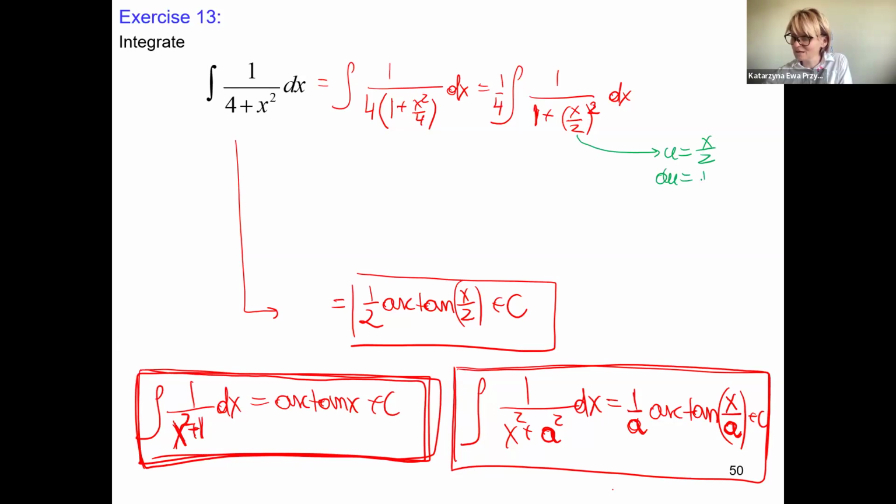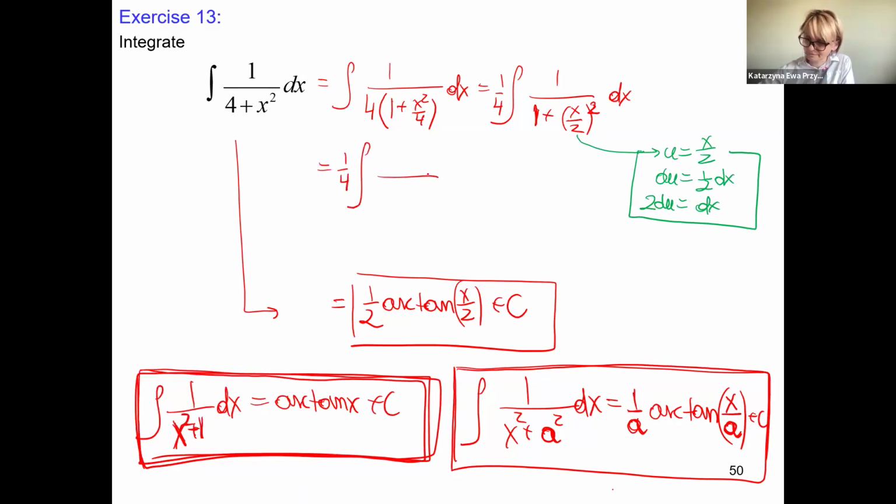Derivative of u is 1/2 dx, so 2 du equals dx, because we don't have 1/2. I mean, we have 1/4, but we keep it outside. Okay, 1/4.